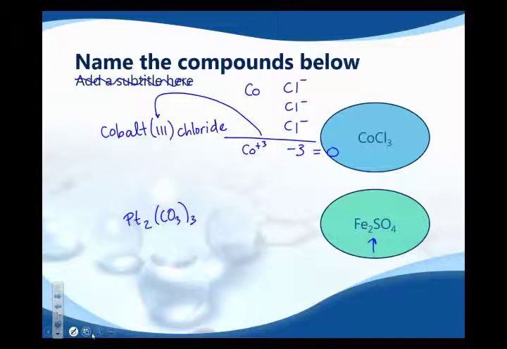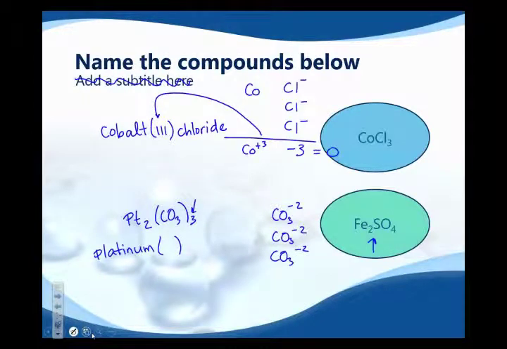So when we look at this one, I've got a little bit of platinum and some carbonates paired up with it. I know that the name of my metal is platinum, so that's where I'm going to start. And then the question becomes, what is the charge on the platinum? Well, I'm going to check my carbonates, and each of those is a -2 charge. I know there are 3 of them because I can see that in the formula. That means I'm getting a -6 for my anions.